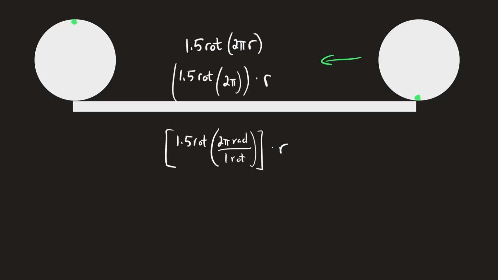Because this is how you go from linear coordinates to angular coordinates. You just multiply by the radius. But you have to be in radians to do so. This is a must. So this, for us, was 1.5 rotations. If I want to find the length of the table, I need to convert that to radians first, then multiply by the radius, which I'm assuming you guys are doing right now.